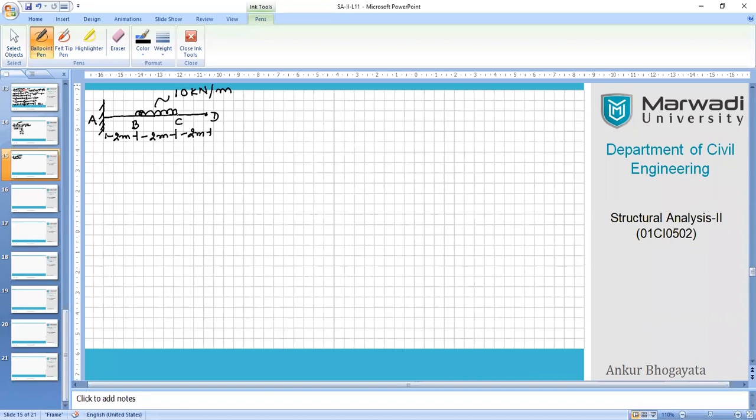Okay, friends. So let us learn how to handle this loading, which is non-uniform, as you can see, which is just in the middle of this beam. And let's try to start the analysis. Before that, let's write down EI as 10 into 10 to the power 13 Newton per mm square, right?